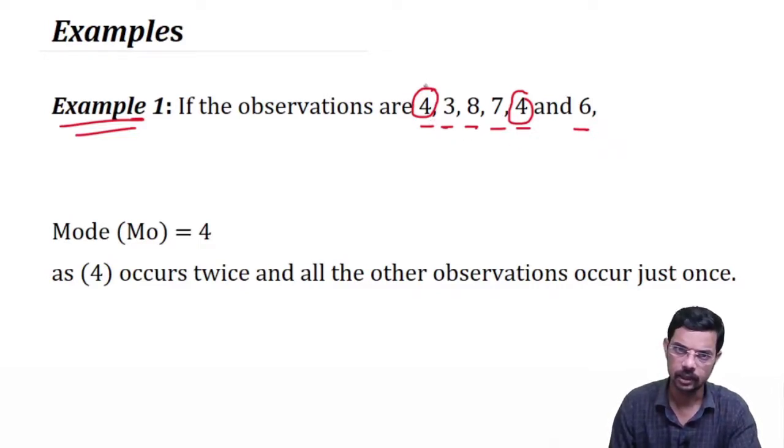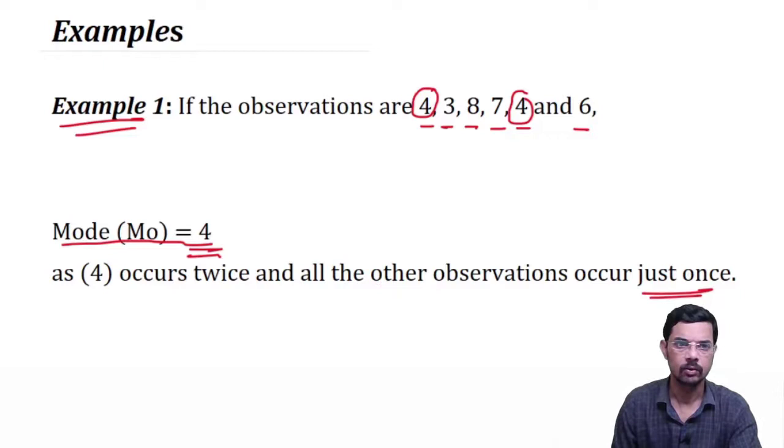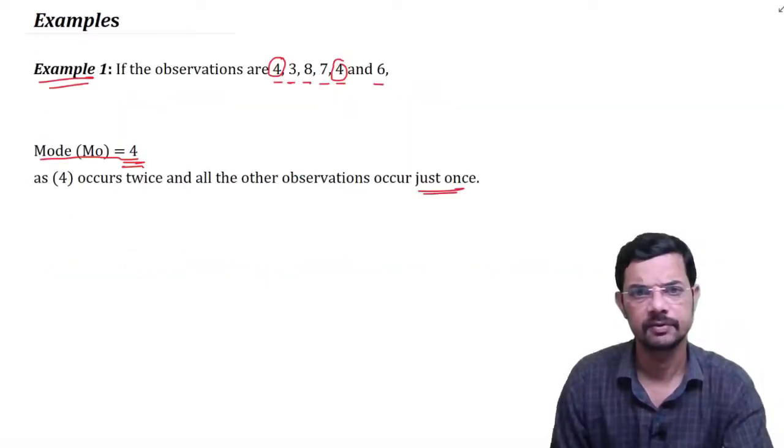So the observation occurring the maximum number of times is 4. Therefore the mode of this data is 4, because 4 occurs 2 times and all other observations occur just once. Now let us see what happens if no observation is repeating.